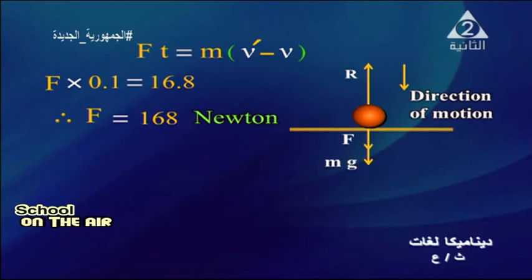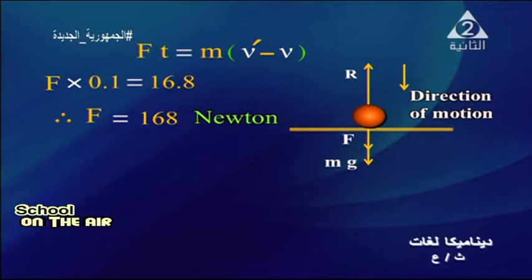Now, when the ball reaches the ground or hits the ground, the ball acts on the ground by two forces: its weight, mg, vertically downward, and the impulsive force, F, which acts vertically downwards in the direction of motion of the ball.